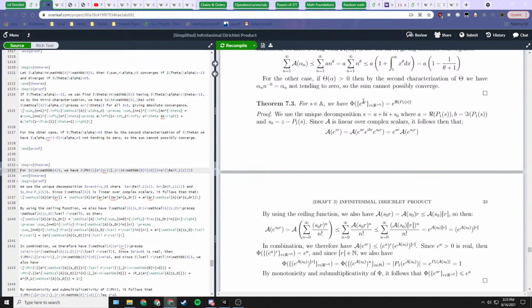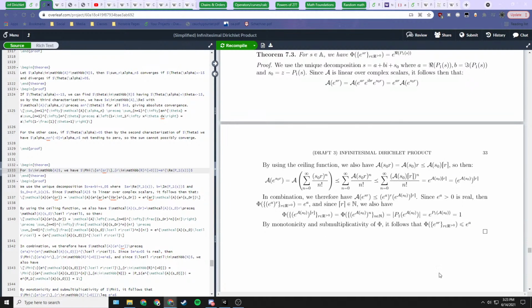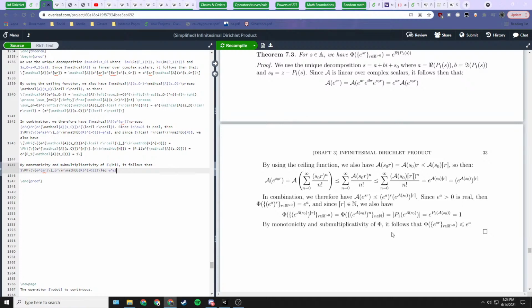Because if we have, I think if we just take the first index, P1 of E to the SR, then we get e to the power of P1 of S times R, and that does have this. And I think that proves equality. Okay.